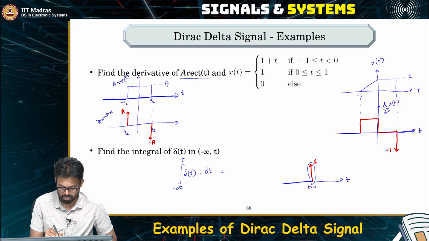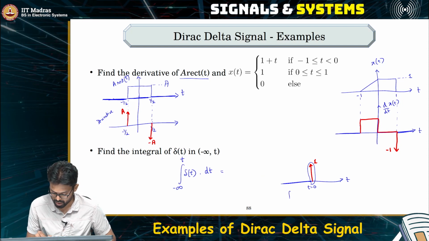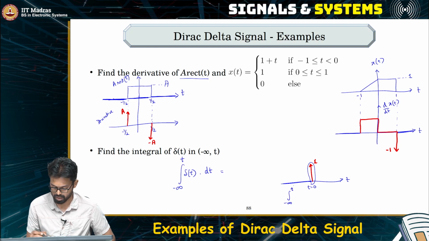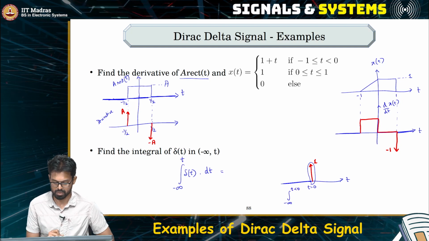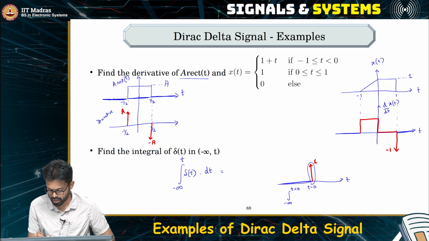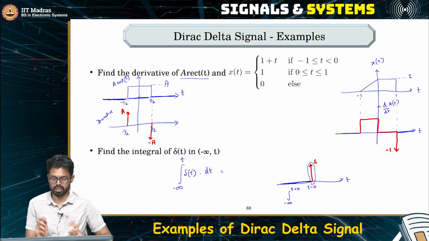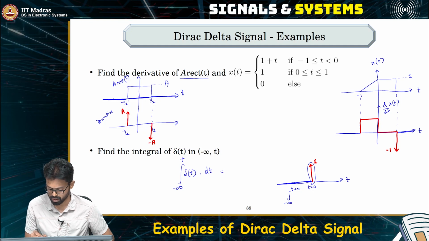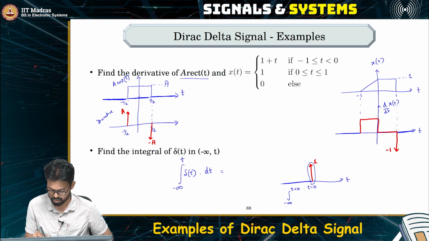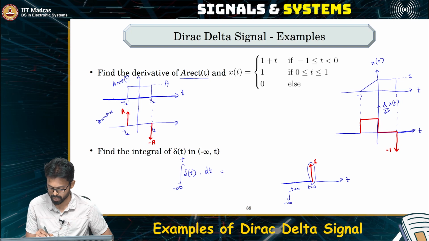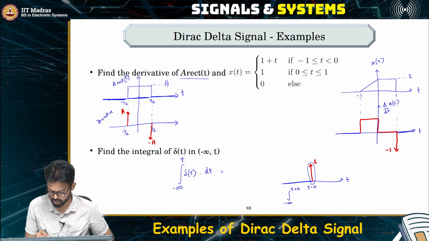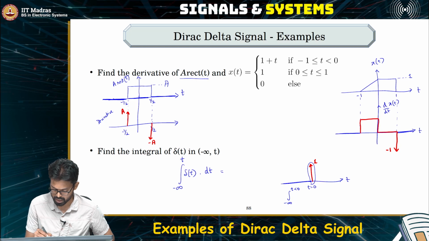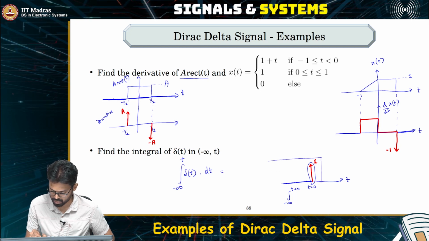So the integration from minus infinity to t, where t is less than 0, the area under this curve is nothing, it is 0. Now what happens when you try to compute the area for values of t greater than 0? Then you are trying to compute the area of the signal which is present in this interval, in this region.